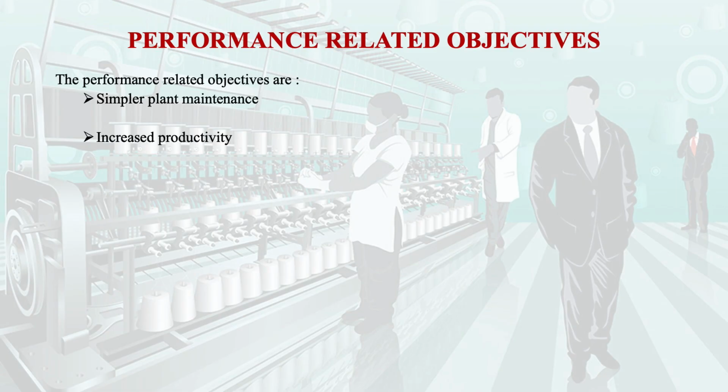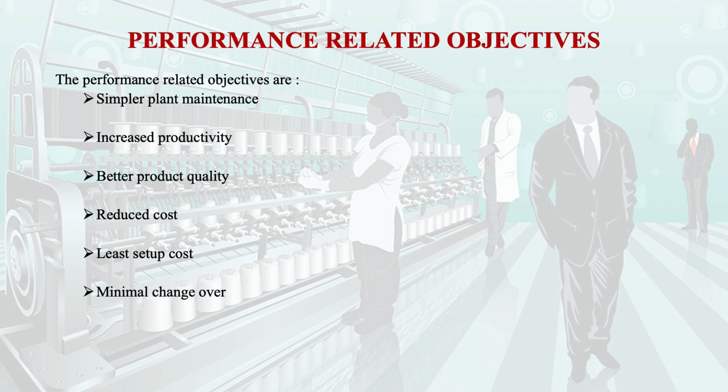Our productivity should be increased. We should be able to produce a better quality product, able to reduce the cost of production, able to have the least setup cost and minimal changeover time.